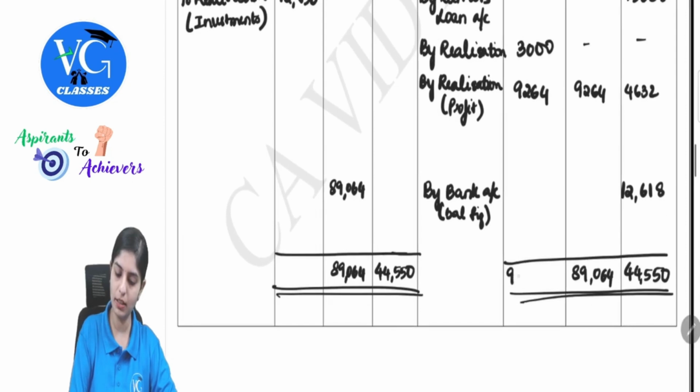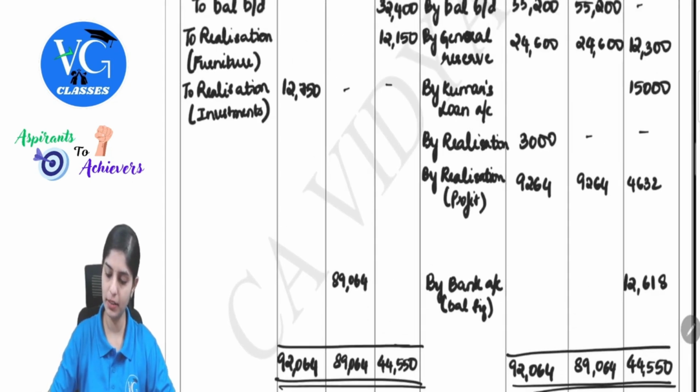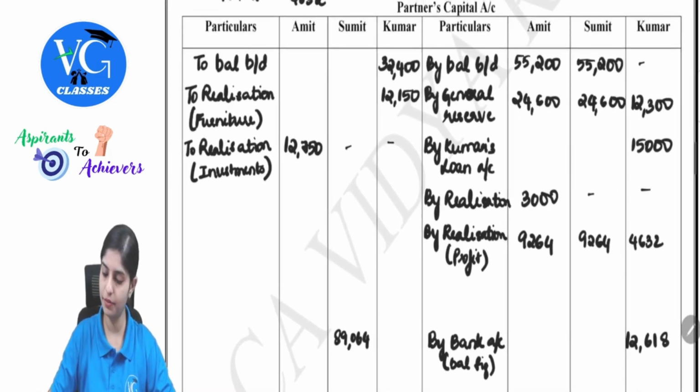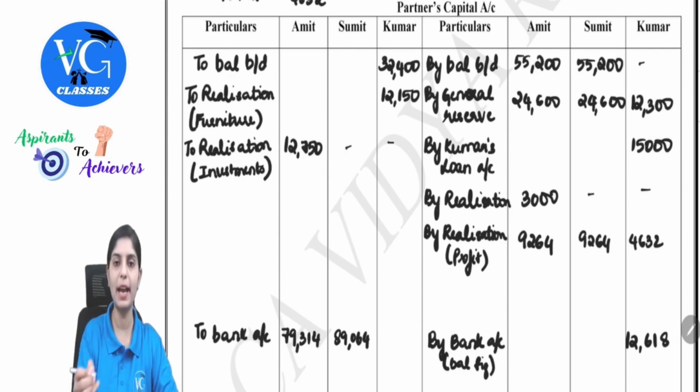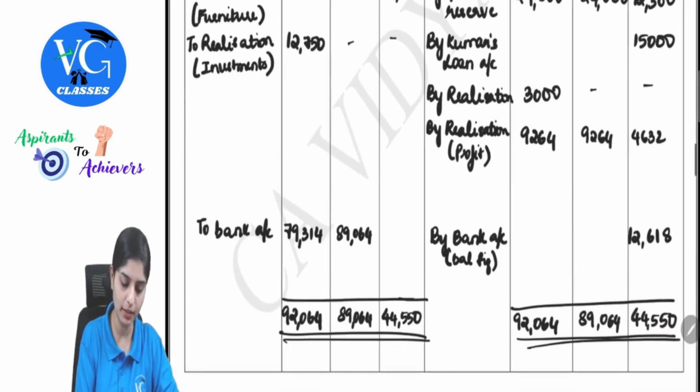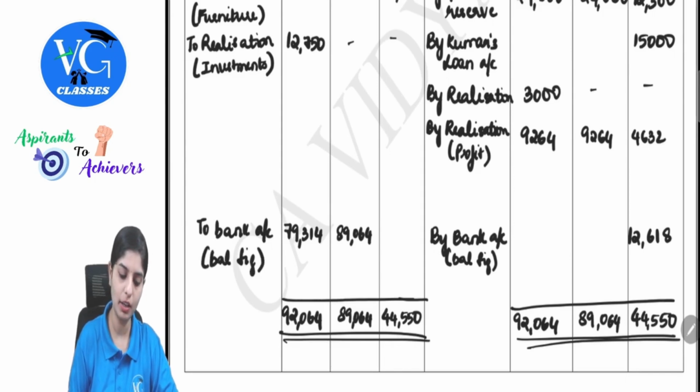This is 92,064 minus 12,750. This will be 79,314, to bank account. If it is to bank, it means paid to partners. So this will be reflected in my bank account.